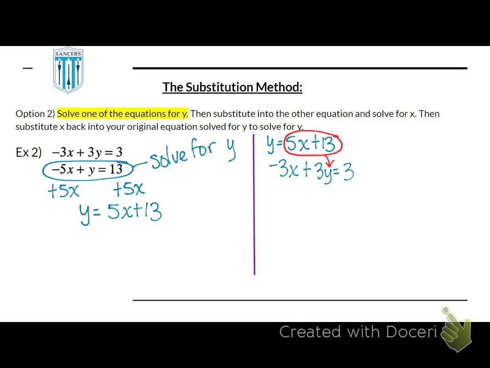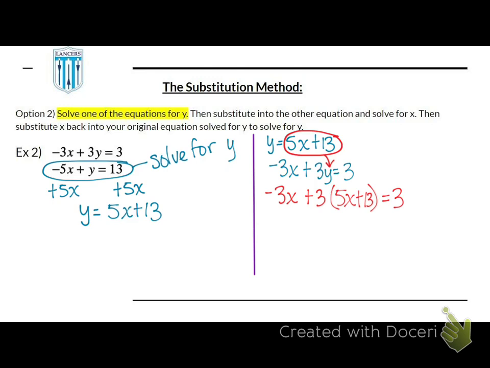If y is alone, you plug into y. If x is alone, you plug into x. So on this one, the negative 3x just stays out front. We will put parentheses where the y was so that we can plug this expression into it, and it still equals 3 on the other side.